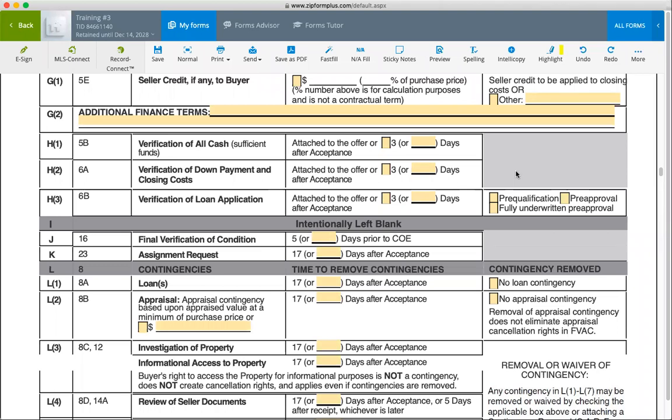The lender really hasn't verified any of that, but they'll still write a pre-qualification letter saying, hey, if all this stuff the buyer's telling me is true, then they're pre-qualified. So if you're on the receiving end of one of these verification of loan application letters, take a look at what kind of letter you're getting and be sure to discuss that with your seller.